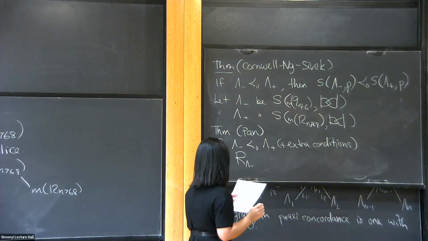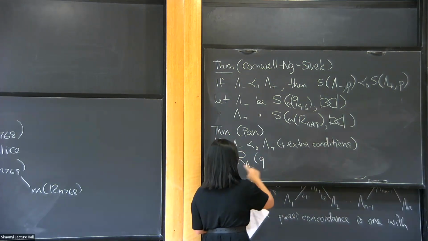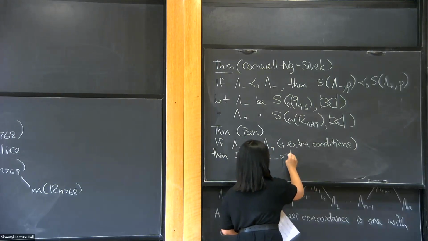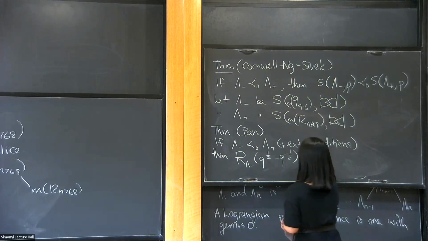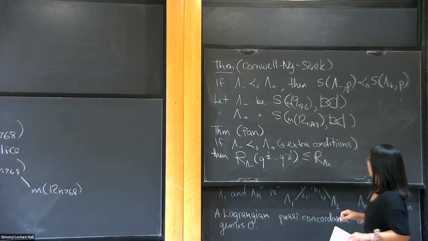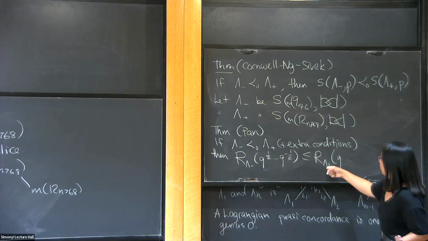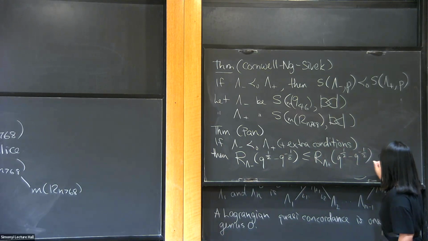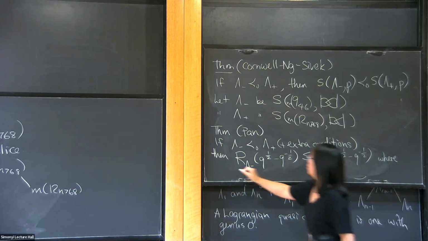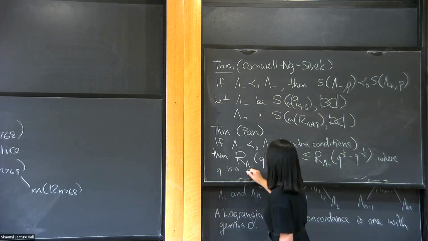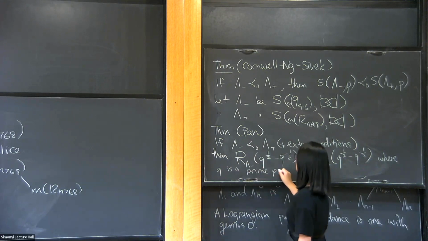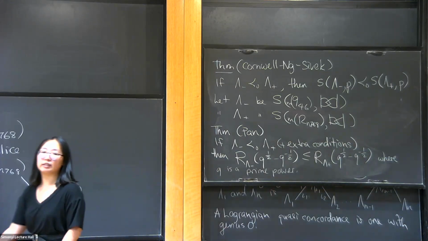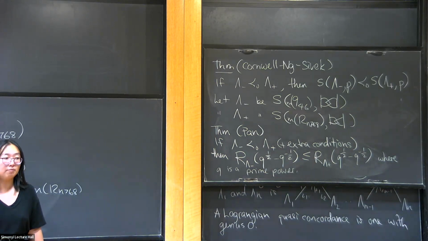If I think about lambda minus here, and I take the ruling polynomial at Q^(1/2) minus Q^(-1/2), then this is going to be less than or equal to the ruling polynomial of lambda plus at Q^(1/2) minus Q^(-1/2), where Q is a prime power. And because this is the ruling polynomial, I can compute it directly from a front diagram of a Legendrian knot. I have programs that do this for me.